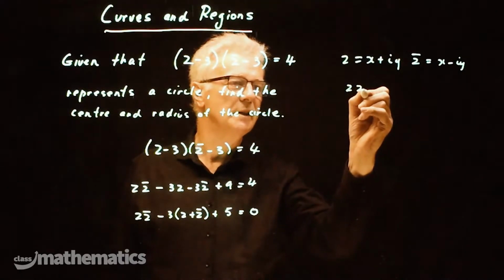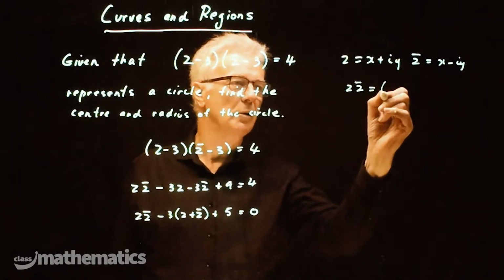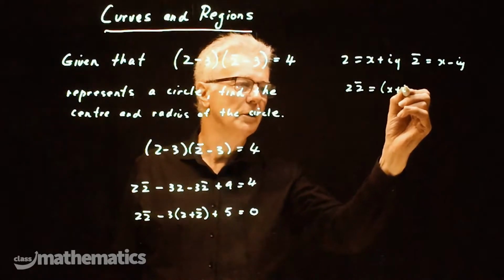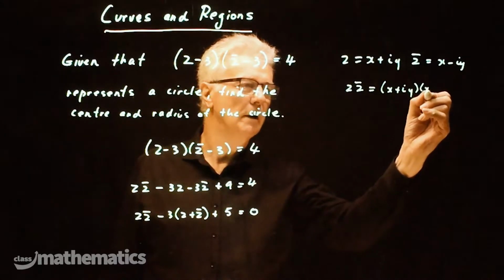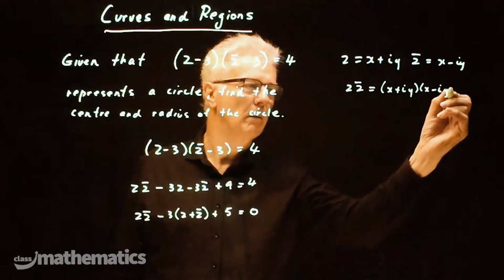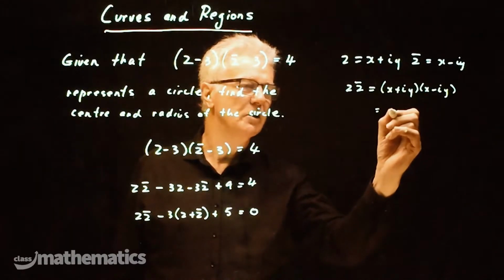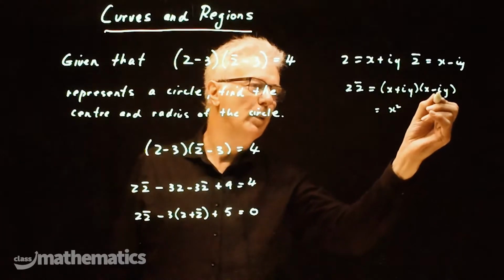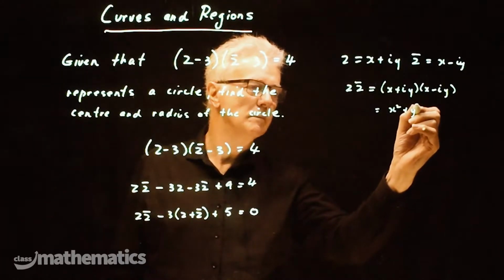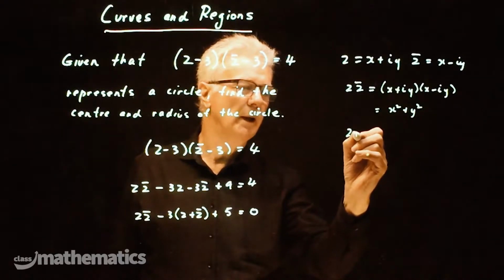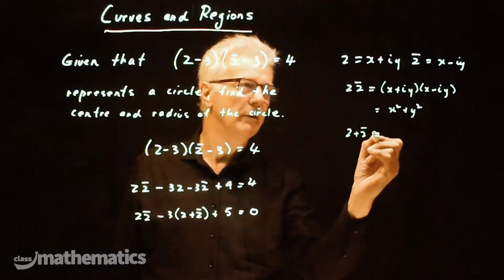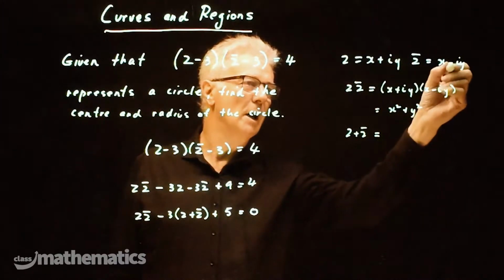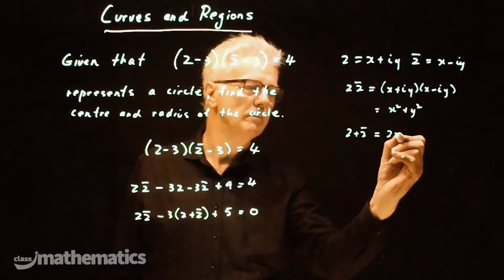So z z conjugate must equal the product of these two, and you need to be a little bit careful here. And that becomes x squared plus y squared. Now, z plus z conjugate, fairly easy. These go out and you just get 2x.